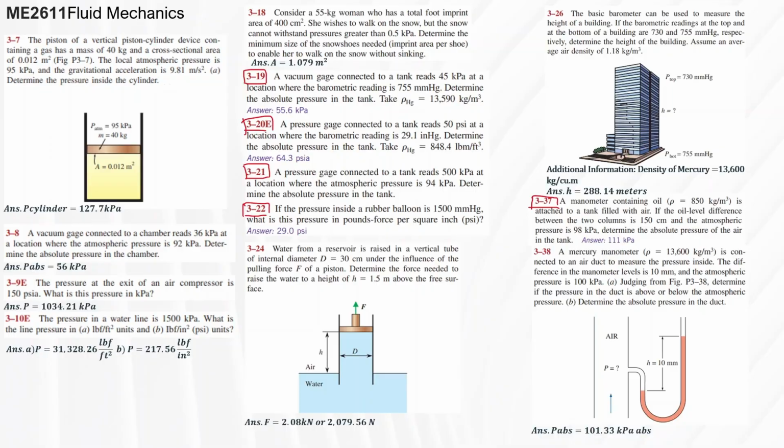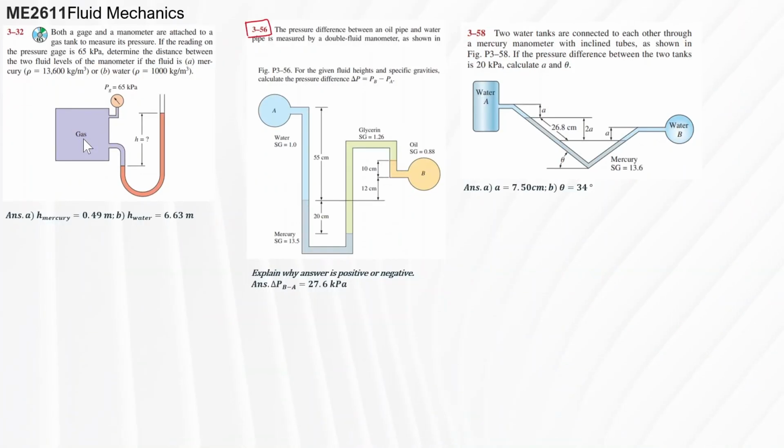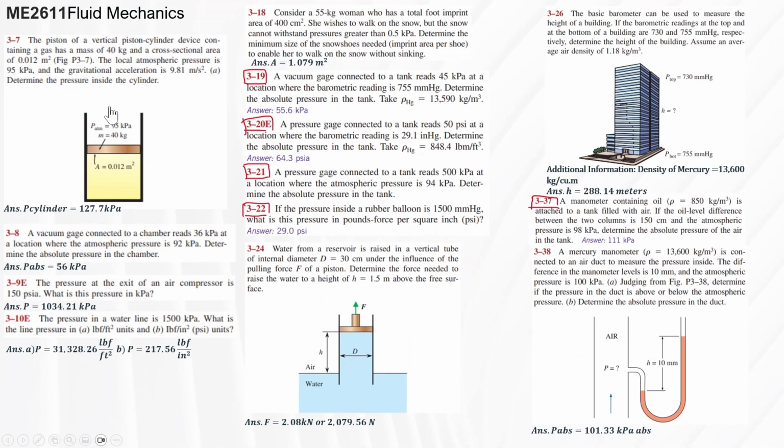Still recording. Again, let's start with this one. So we have 3-7. This is a piston. Suppose there's a vertical piston-cylinder device containing gas.